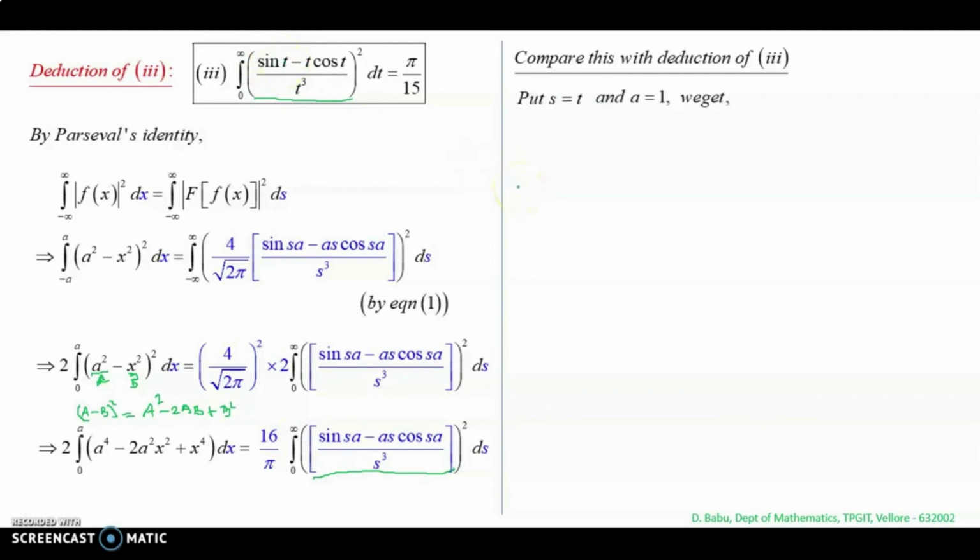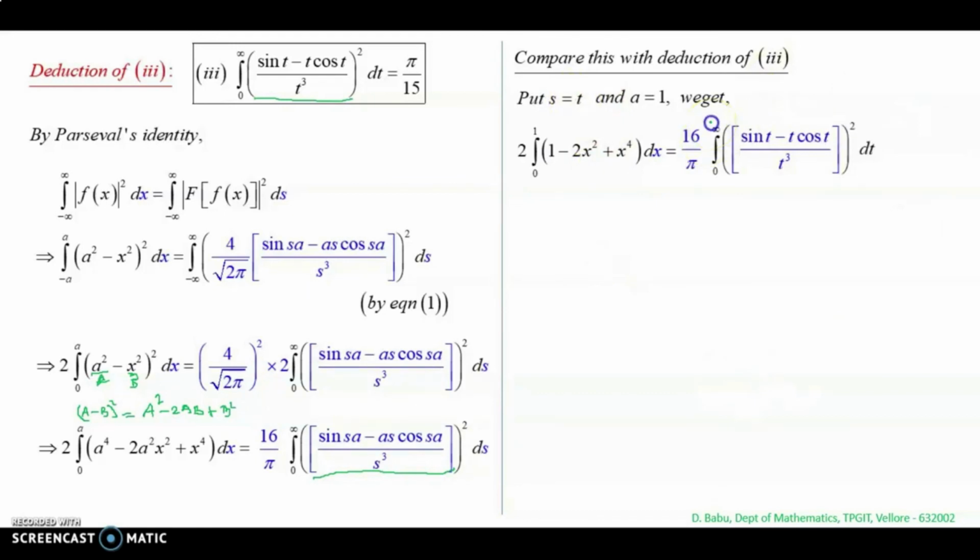We get 2 times integration 0 to 1, 1 power 4, minus 2 into 1 square x square, plus x power 4, dx, which is equal to 16 by pi, integration 0 to infinity, sin t minus t cos t divided by t cube whole square, dt, where s equals t.